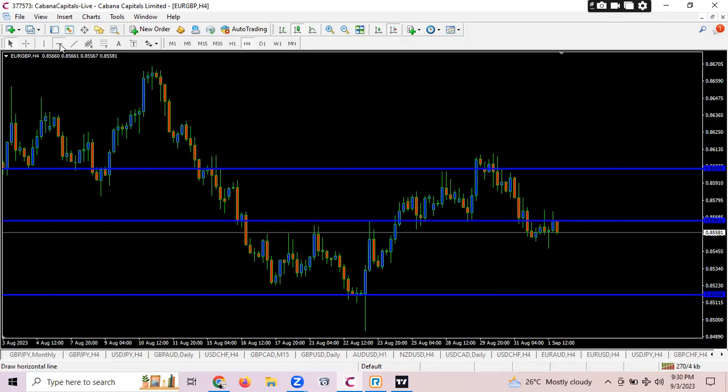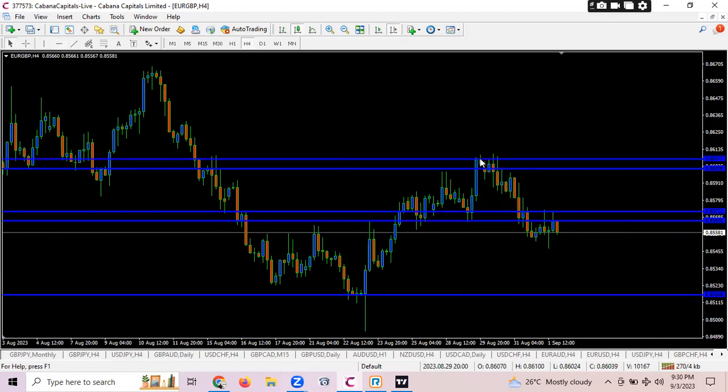We also had a resistance on 4 hour. So you could wait for a 4 hour candle to close above this zone before you buy Euro GBP. If a 4-hour candle closes above the zone, there is a high probability that it will aim for this resistance zone. That's my take on it.